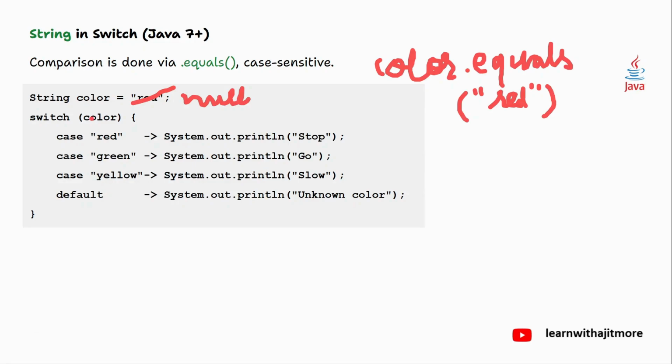For comparison, this color object is invoking what? Color dot equals, and then it is passing each string to that equals, and whenever equals returns true it executes that code. But the thing is, you can call equals method only if that color object contains a reference. If this color object does not have a reference, if it has null, is it legal to invoke a method of any object? Tell me.